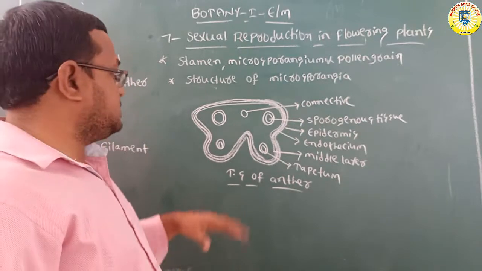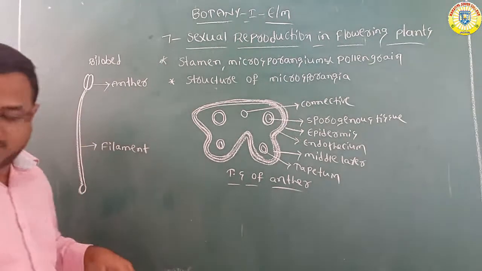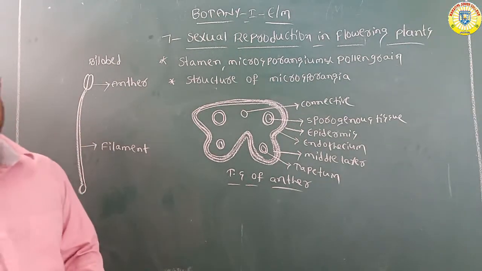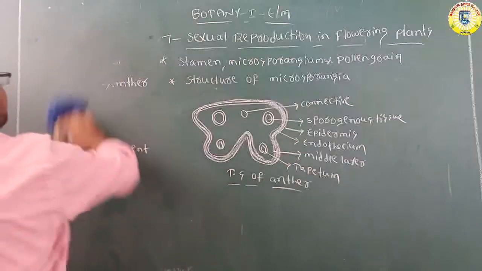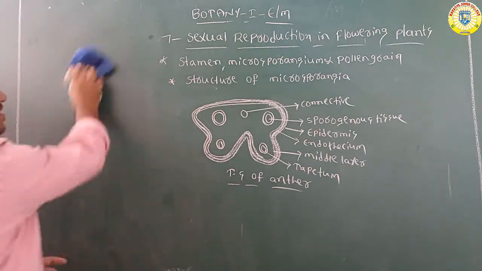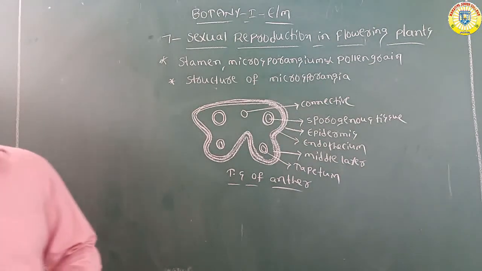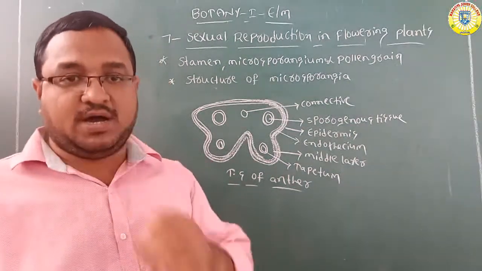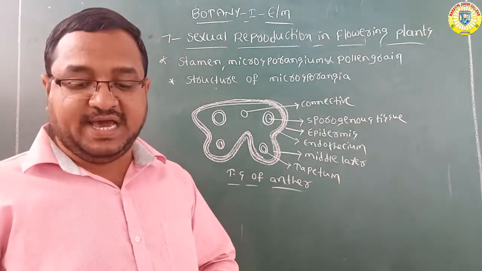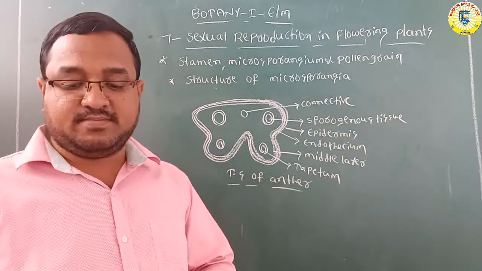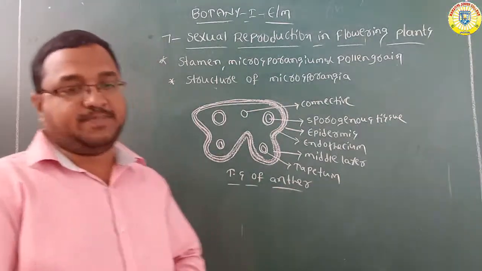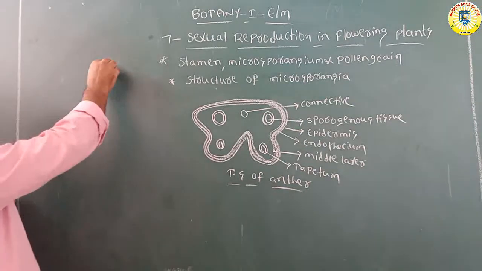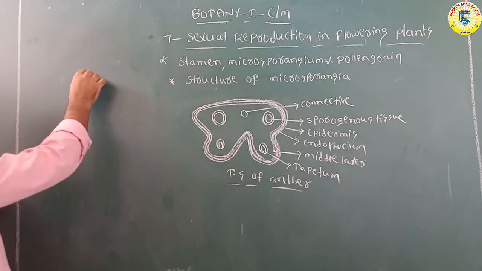And what about the structure of the wall layers? The diagram of the wall layers is also important. Here you can see epidermis, endothelium, middle layers, tapetum, and microspore mother cells.